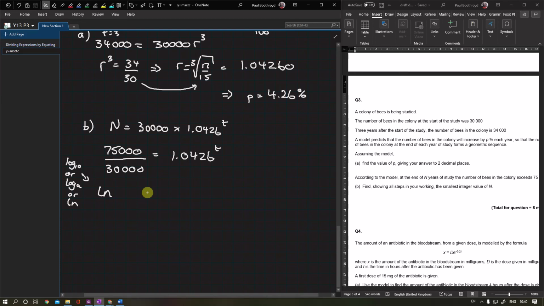It's quite common to use ln when you can. 30 into 75 goes 2.5, which is equal to the ln of 1.0426 to the t, which is t using the power rule, ln 1.0426. So t is what happens when you do the division of them two.